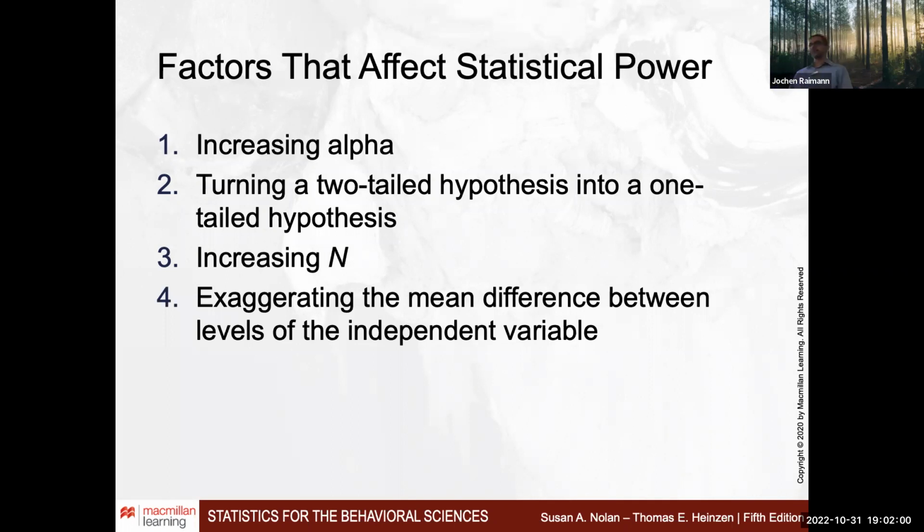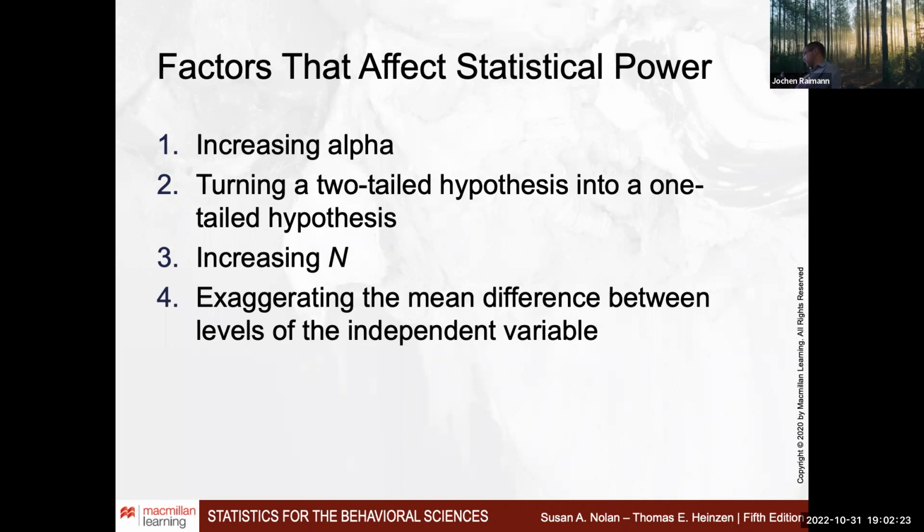Or lastly, you exaggerate the difference between the levels of the independent variable. What does that mean? In a cohort design or in a randomized trial, the independent variable is intervention or control. That's a nominal categorical variable, right?